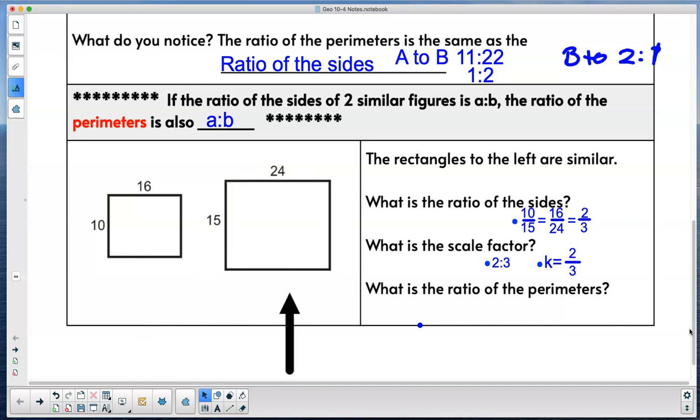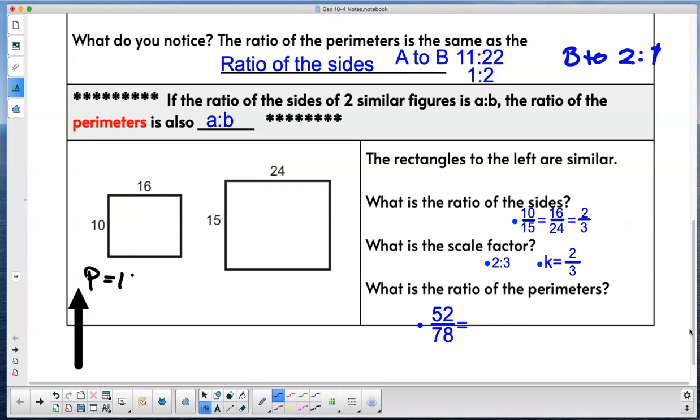Now, what's the ratio of the perimeters? The ratio of the perimeters is 52 to 78, because the perimeter here is equal to 10 plus 10 plus 16 plus 16, which comes out to be 52.